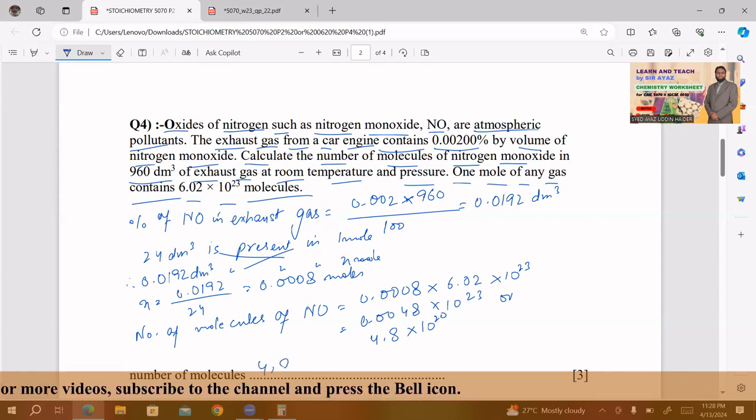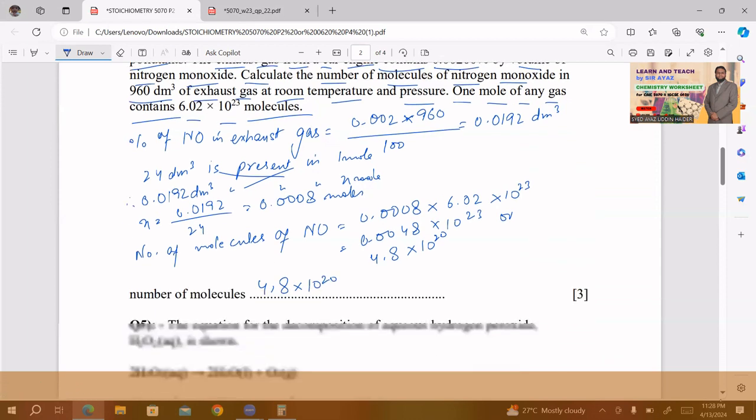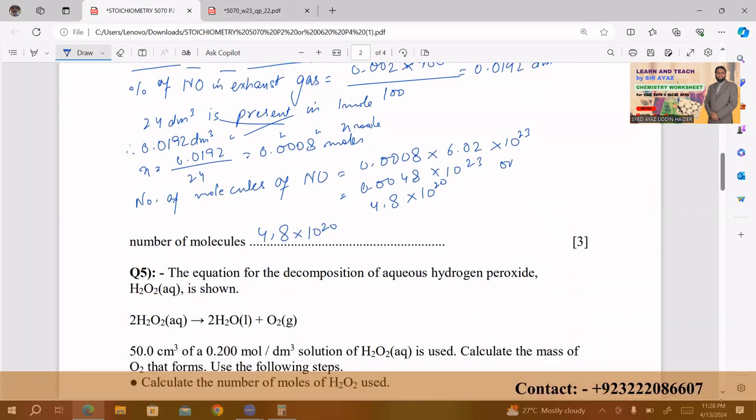So 4.8 × 10^20 will be the final answer for this question.